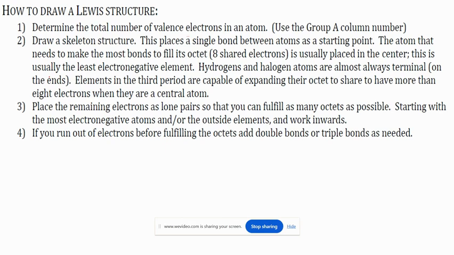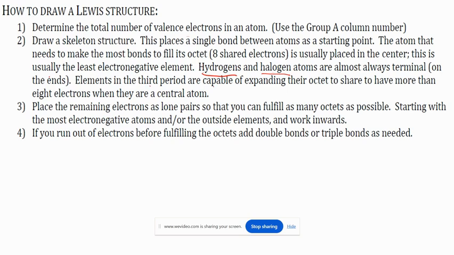And then you're going to find a way to make your octets except for hydrogen. Hydrogen is going to only have 2 electrons to be stable. Hydrogen and fluorine, okay, are always on the end because they can't accept any extra electrons.